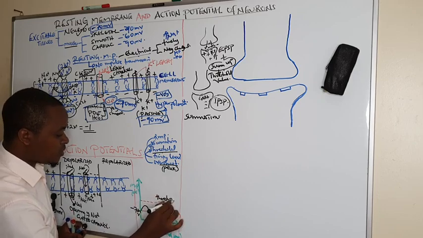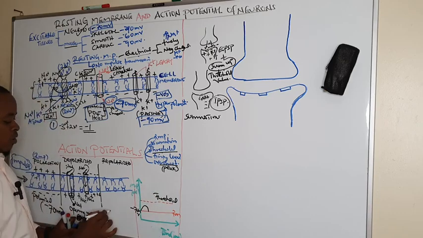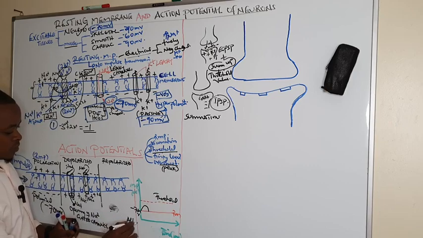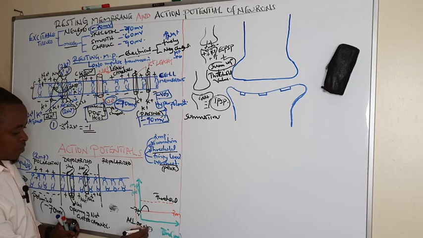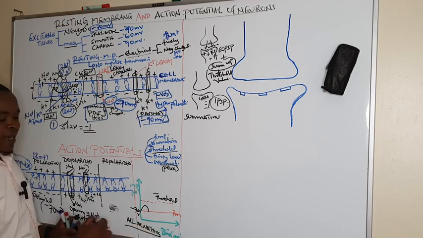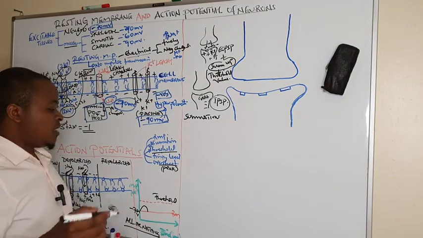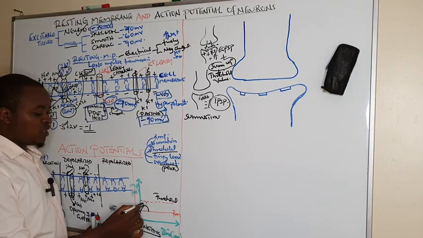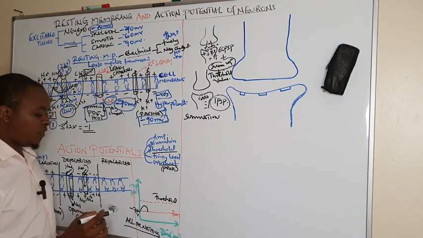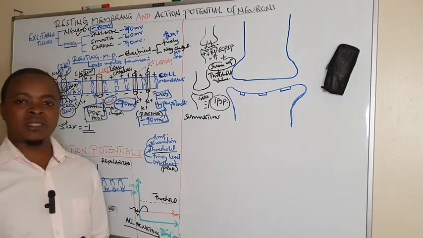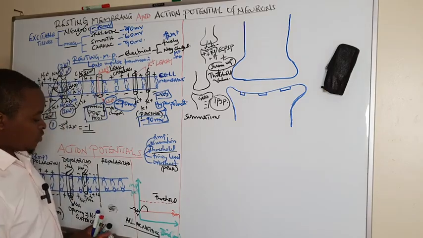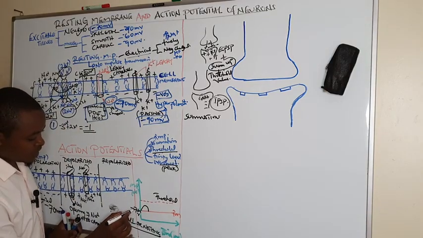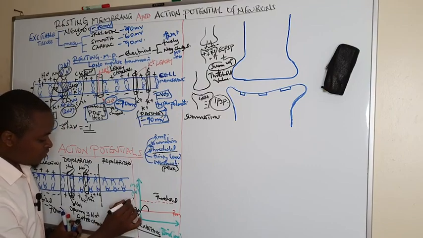This is the threshold, and there is what we call the all or nothing law: for an action potential to be fired, the stimulus should trigger the excitable tissue, like the neuron, to reach the threshold value, which is always plus 10 or 15 millivolts. So if this is negative 70, we add like 15, so the firing potential is at negative 55.